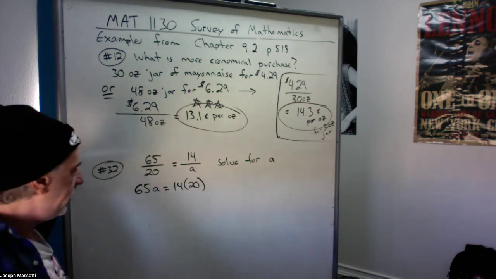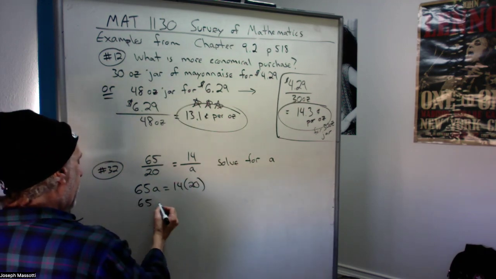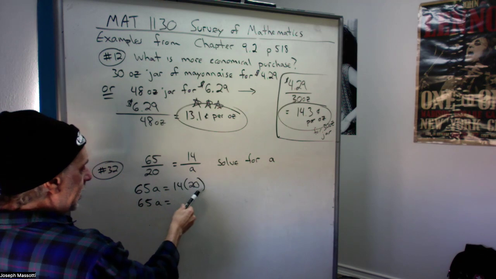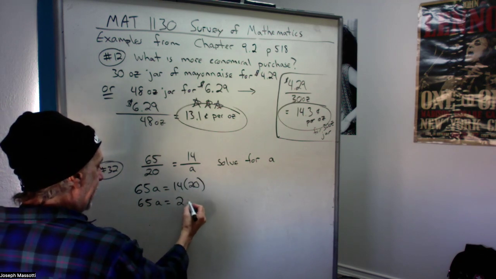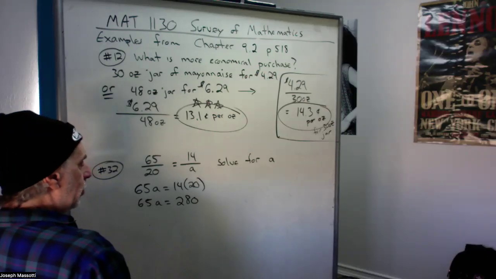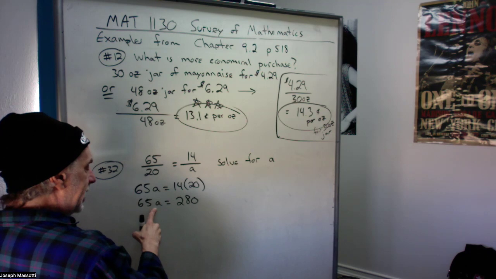All right, and if you need to, you go to your calculator here, multiply that out, we get 65A equals 280. 10 times 14 is 140, so twice that is going to be 280. And then we're just dividing both sides by 65, right?